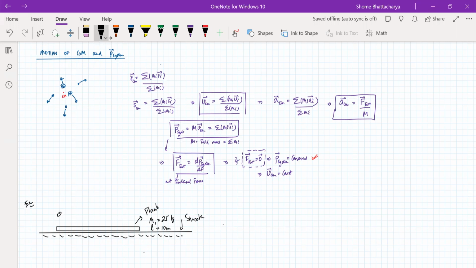Now there's a person standing at one end of the plank and his mass is, say, 50 kilograms. Okay. Initially, the system is at rest.